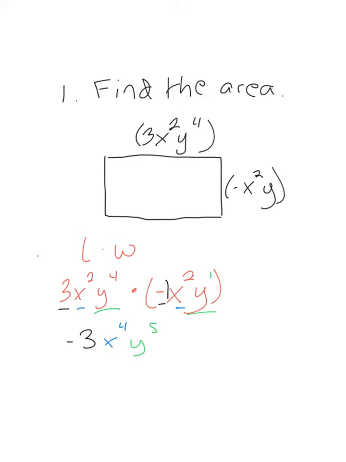Just to recap on this one, I multiply the 3 by the negative 1 to get negative 3. X squared, that's 2 of them. X squared, that's another 2 of them. 2 plus 2 is 4, so x to the fourth. And then y to the fourth multiplied by y to the first. 4 plus 1 is 5, y to the fifth.